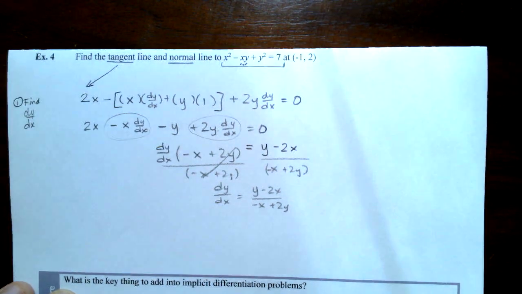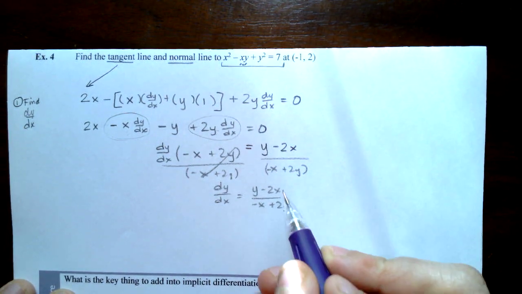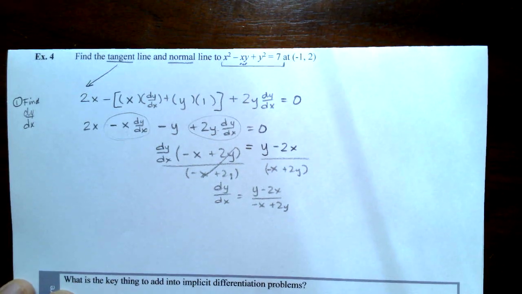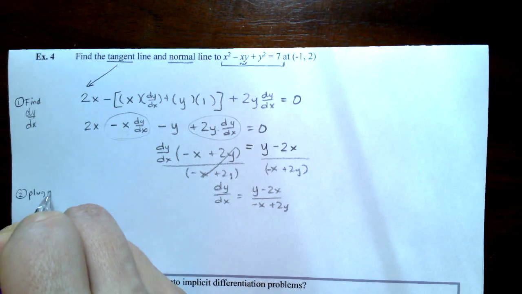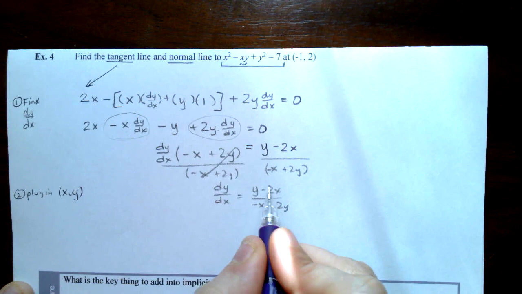Now, let's think about what we've generated. We have generated a new equation that if we know the x and y values, when we plug them in, we can always find the slope of that tangent. So the second thing I'm going to do here is plug in my x, y value.